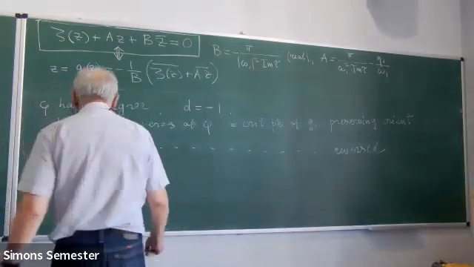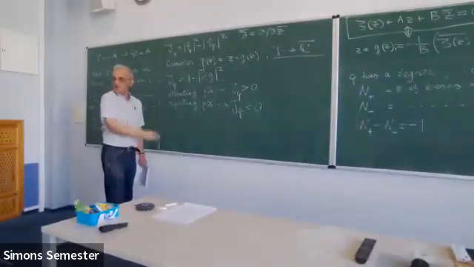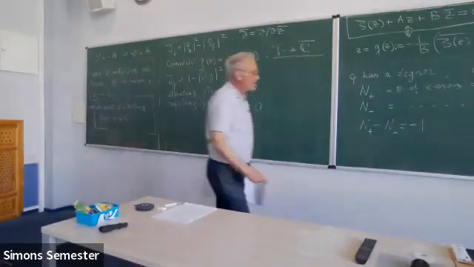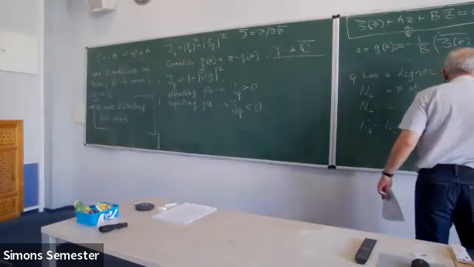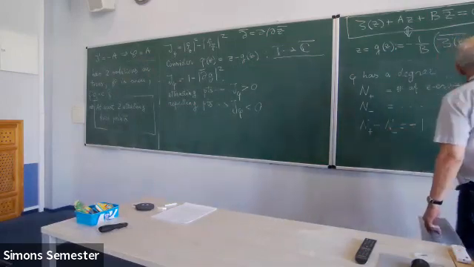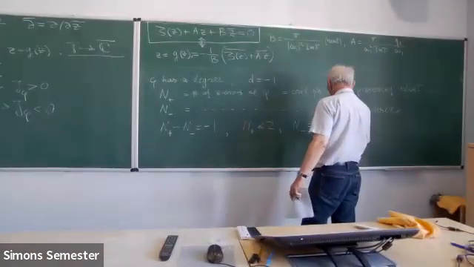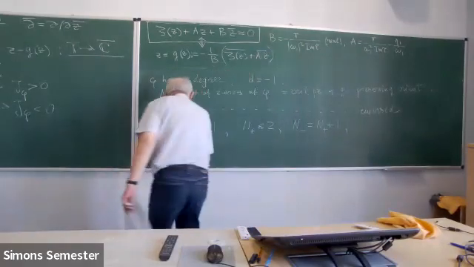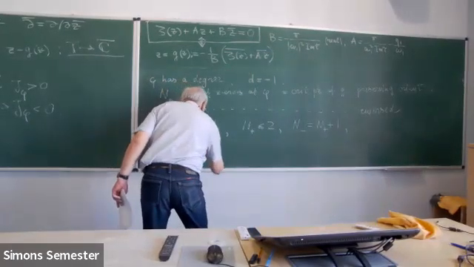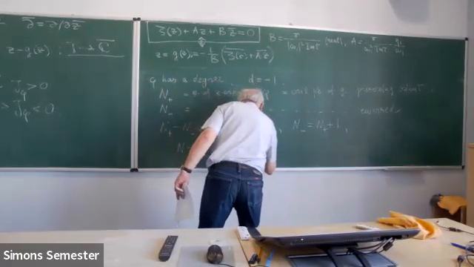Okay. Therefore, and we proved that those where orientation is preserved are attractive. And there are at most 2. So we know that n plus is at most 2, and n minus equals n plus 1. So the total number of solutions n plus and n minus is at most 5.